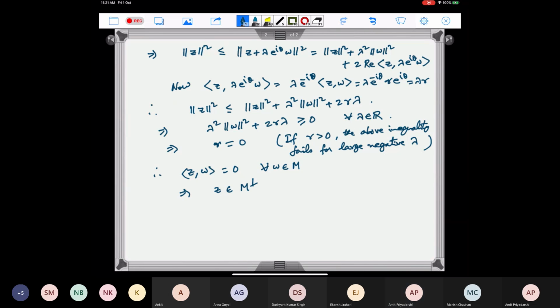lambda squared norm w squared plus 2r lambda is bigger than or equal to 0 for every lambda. Now, what does this imply?